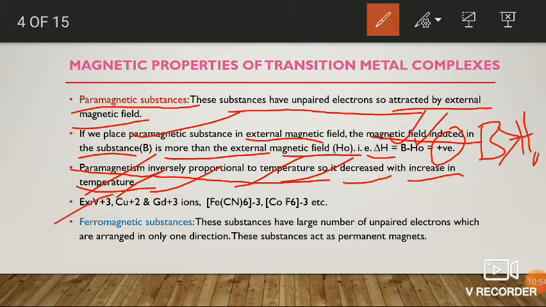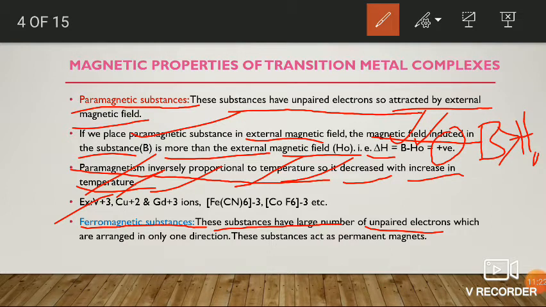Okay, next one is ferromagnetic substances or ferromagnetism. These substances have a large number of unpaired electrons. In the case of paramagnetic substances, they have unpaired electrons, which may be one or more than one. But in the case of ferromagnetic substances, the compounds generally have a large number of unpaired electrons.